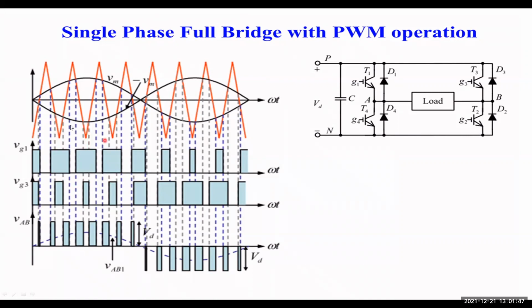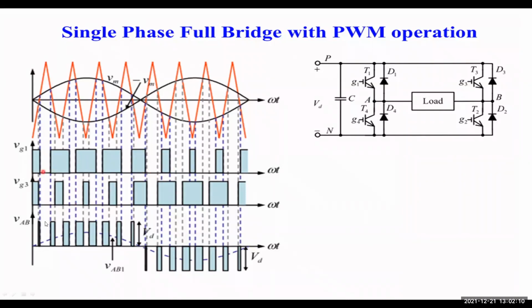This is the triggering pulse for the negative reference signal. That means these two are the same, and these two are the same triggering pulses. But in these triggering pulses, the widths are not equal.